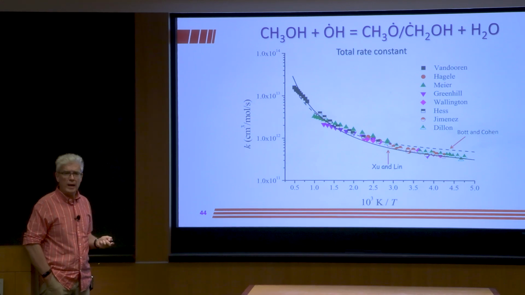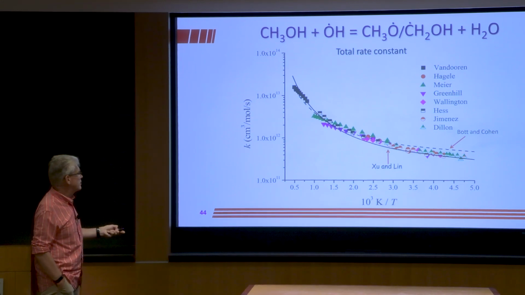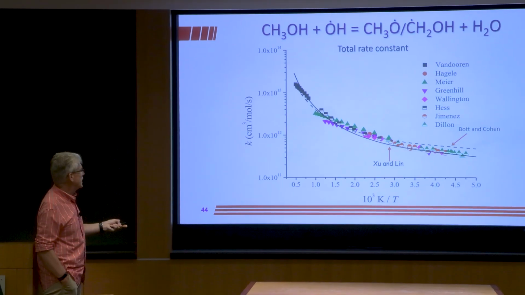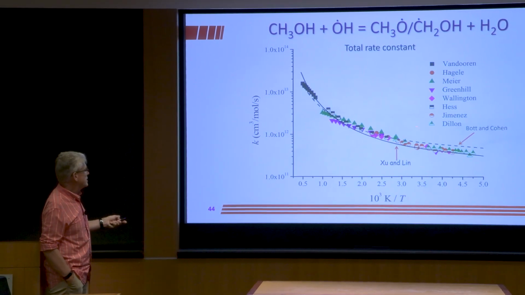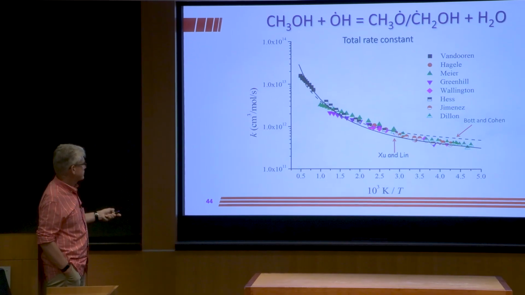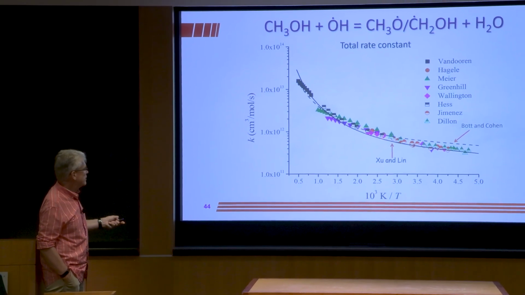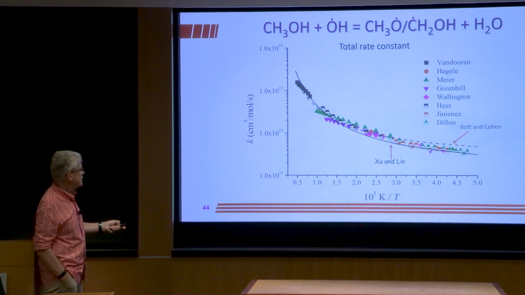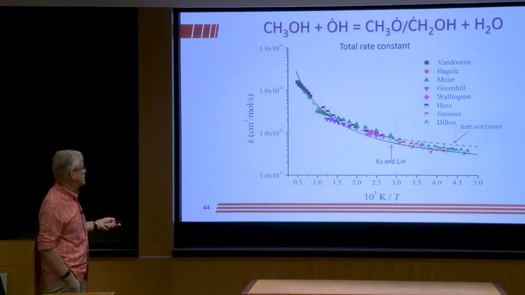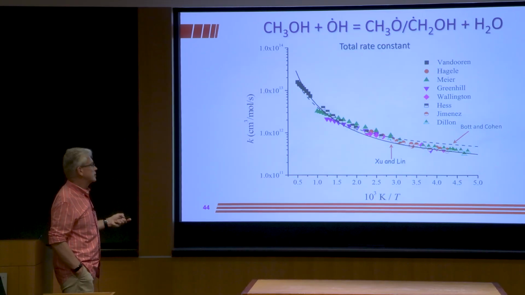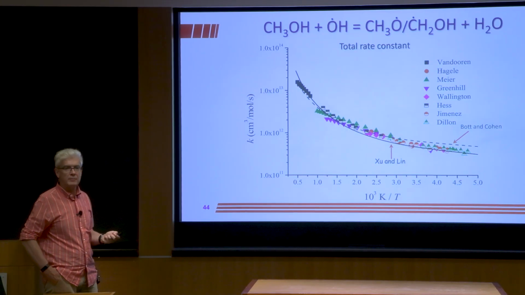If we take the total rate constant, and here's the total rate constant plotted in the literature, this is the rate constant versus inverse temperature. You can see that there they are, and here's a fit by Bott and Cohen, right? And it captures the data quite well. And here's another fit. Again, Bott and Cohen, I think, was published in the 90s or something like that.